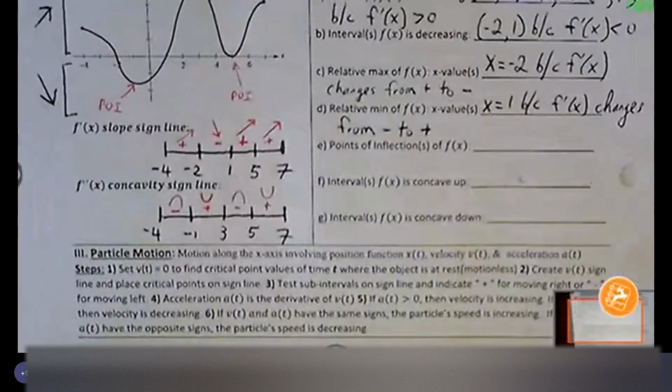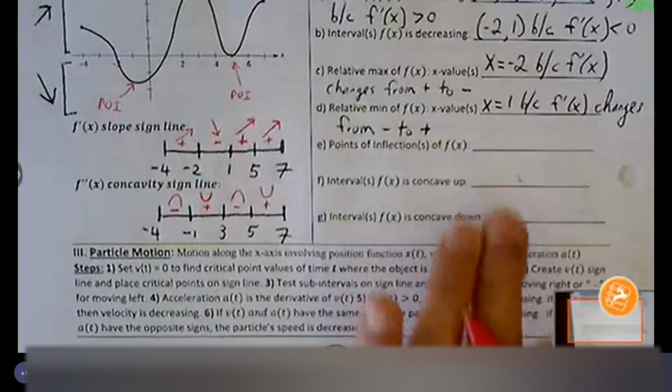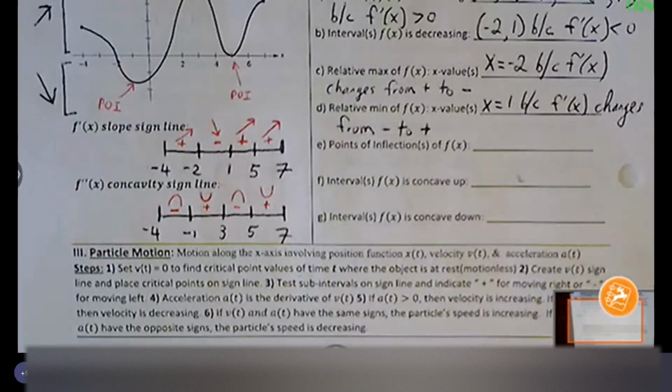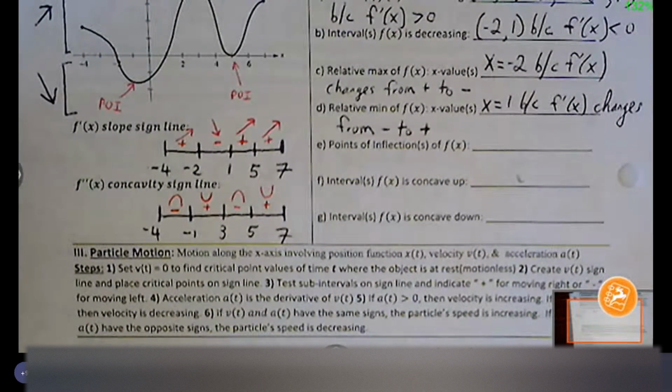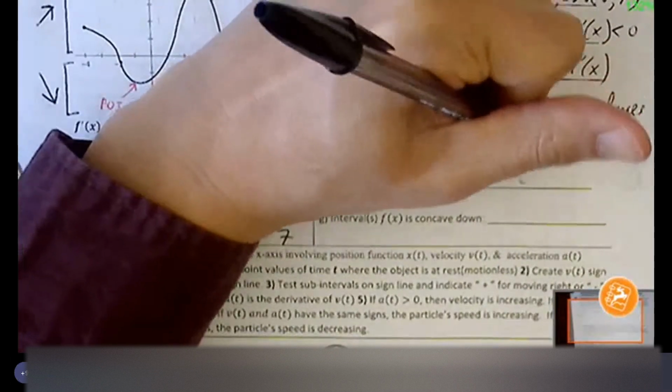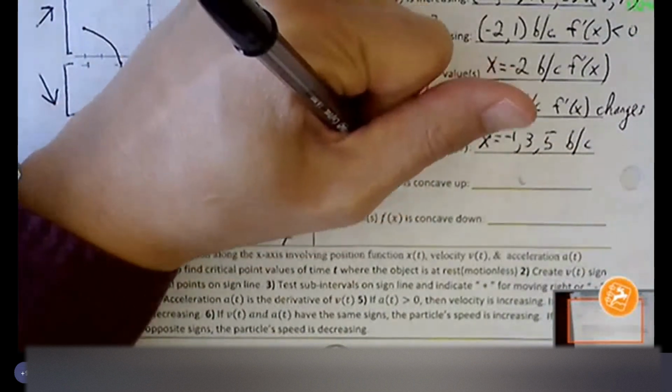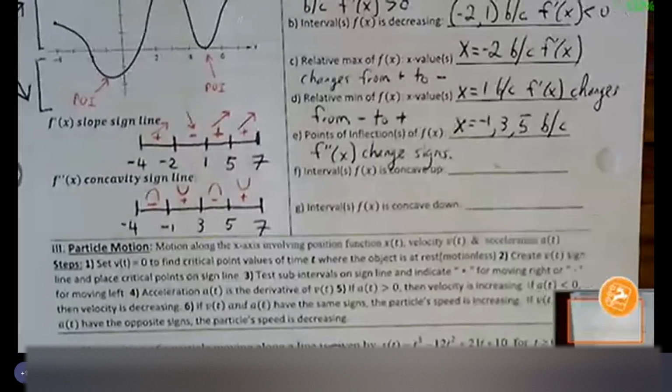Okay. Populating the sign line is going to make it easy now for us to fill out these statements about points of inflection and concave up, concave down intervals. Intervals of concave up.